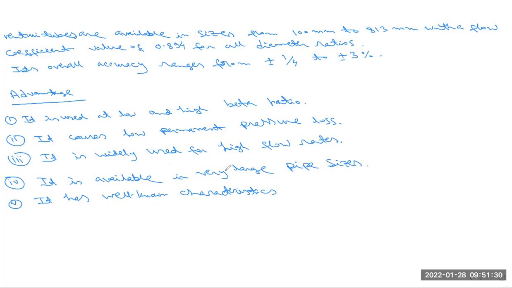And it is available for very large pipe sizes. That means we classify the different Venturi tubes into short form and long form, and also cone sizes where different angle flow measurement is considered. So this is the advantage of the Venturi tube.